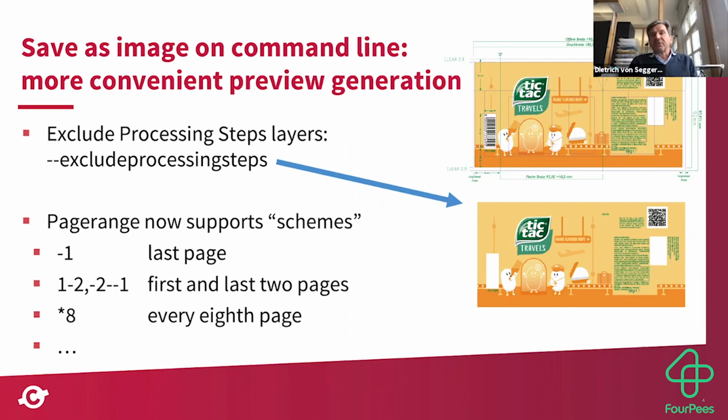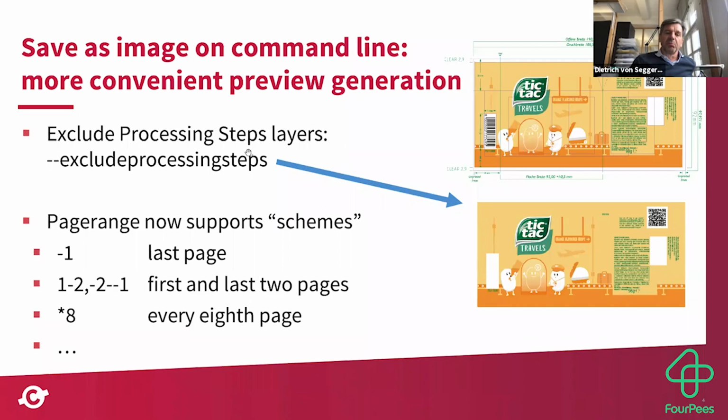For the ones who are in packaging or label, you should know what processing steps layers are. Processing steps layers contain content that is not actual print content. So I have an example here at the right-hand side, a packaging where you have lots of measurements in it and maybe a die line or so.